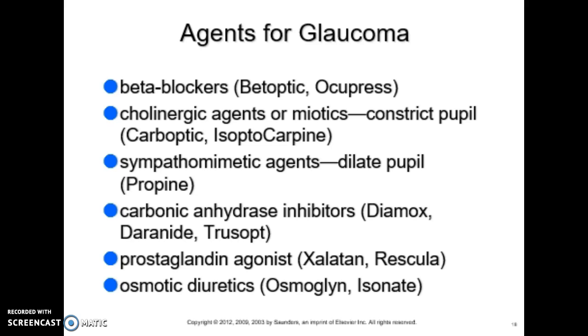Agents for glaucoma include beta blockers, cholinergic agents or miotics, sympathomimetic agents, carbonic anhydrase inhibitors, prostaglandin agonists, and osmotic diuretics.